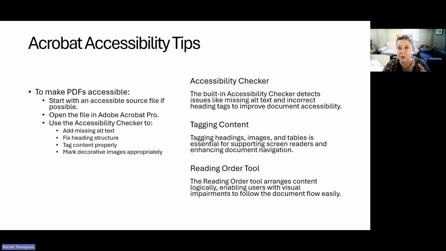A couple of things though, make sure that you don't auto tag your document in Acrobat unless you really want to wipe out all of the tags that are already there. So other things that happen in Acrobat, there's a reading order tool that has little numbers on each component and lets you view the order in which a screen reader will read that content.